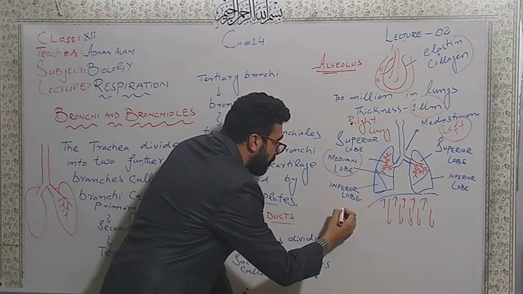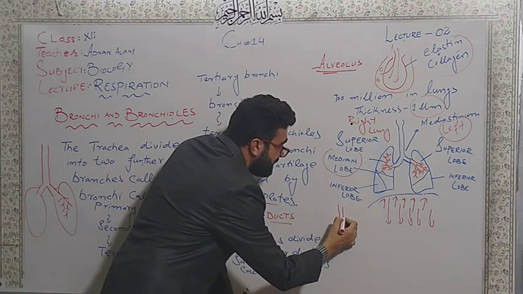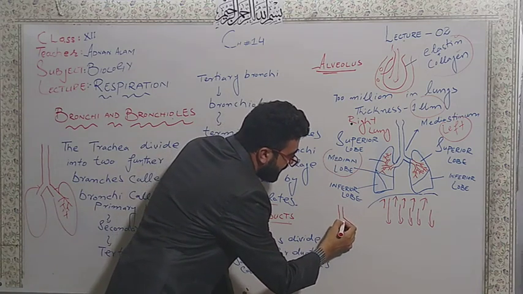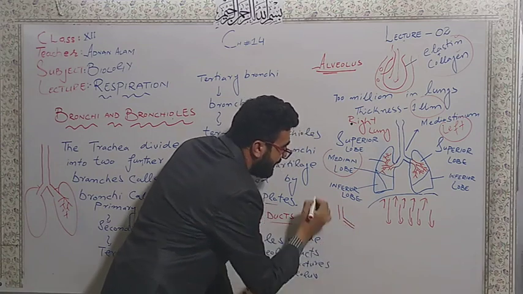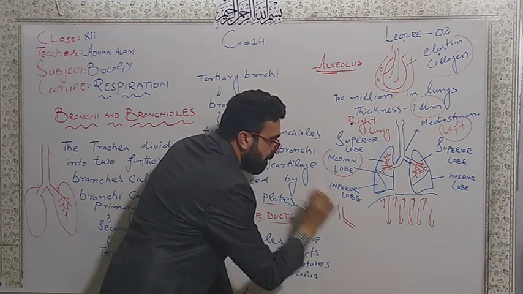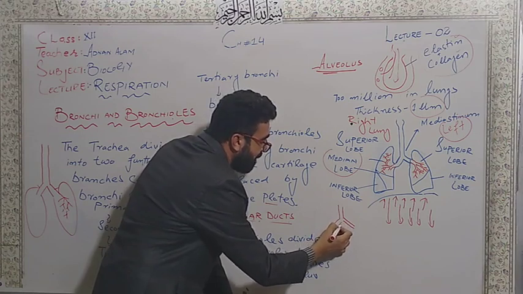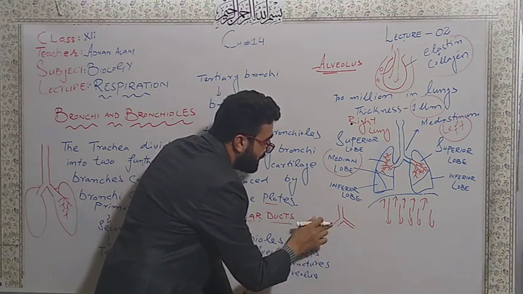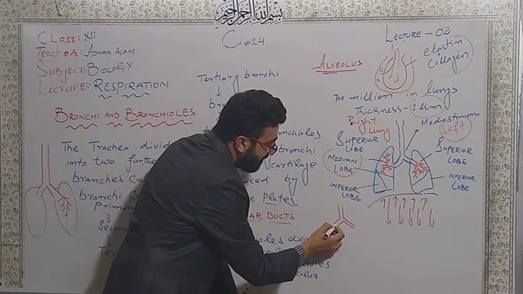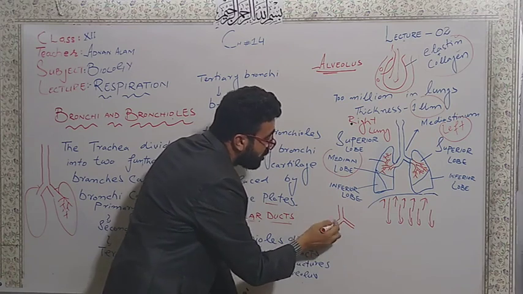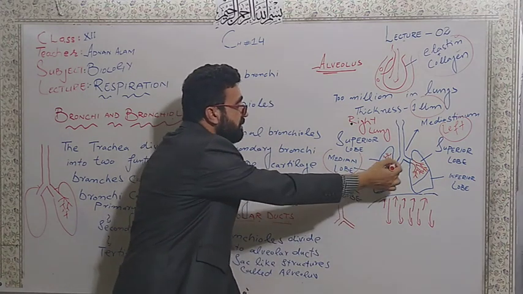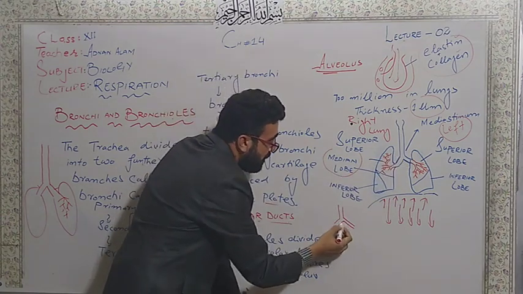The left bronchus has less diameter and more length because it is a bit away, and the right one has more diameter and the length is short because it is immediately located.